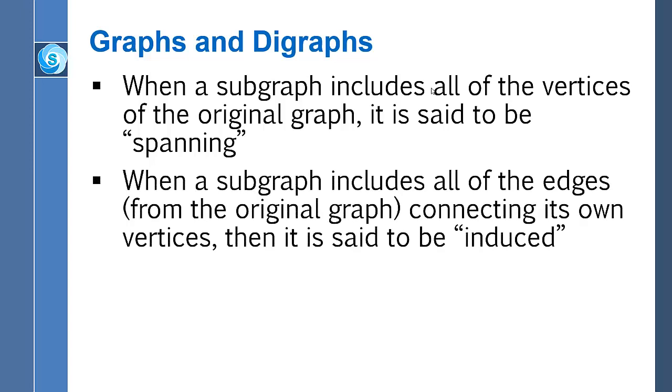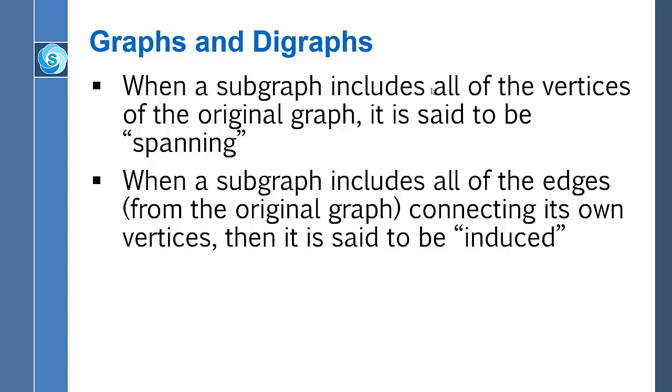A more subtle idea is the idea of an induced subgraph. So when is a subgraph an induced subgraph? The answer is it's induced if it uses all of the edges from the original graph that connect selected vertices for the subgraph. This is the very thing I was pointing out was absent in our example of a subgraph a moment ago.